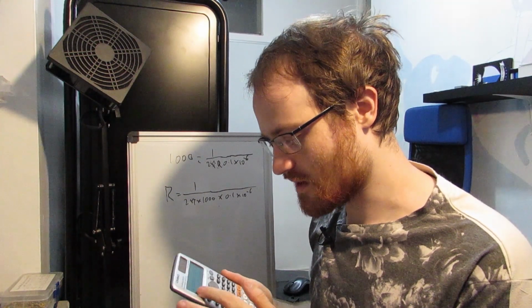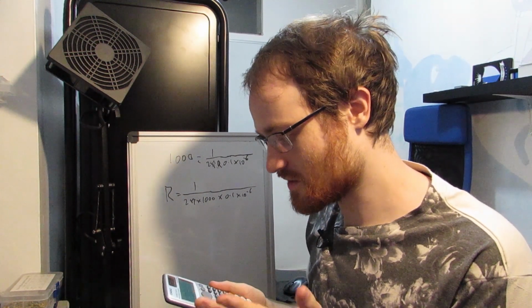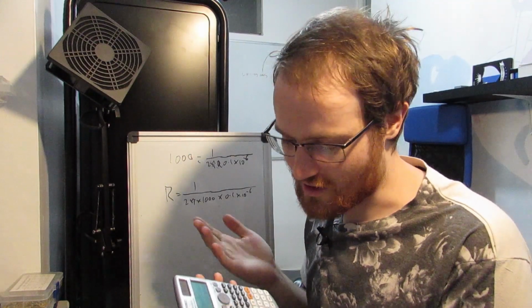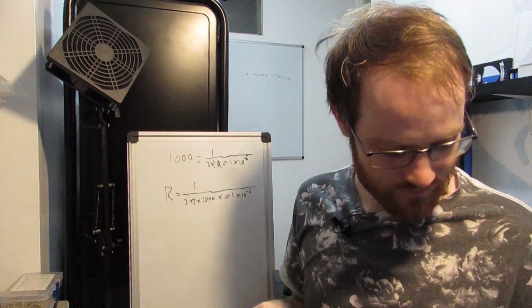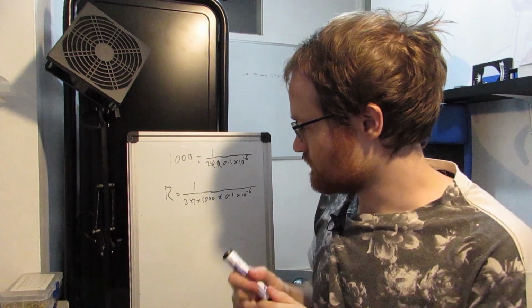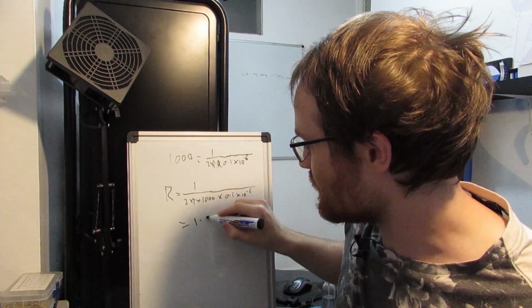Times 10 to the minus 6. So that gives us 1591. So that's ohms. So let's round that to about 1.5k. Okay, R equals 1.5k.